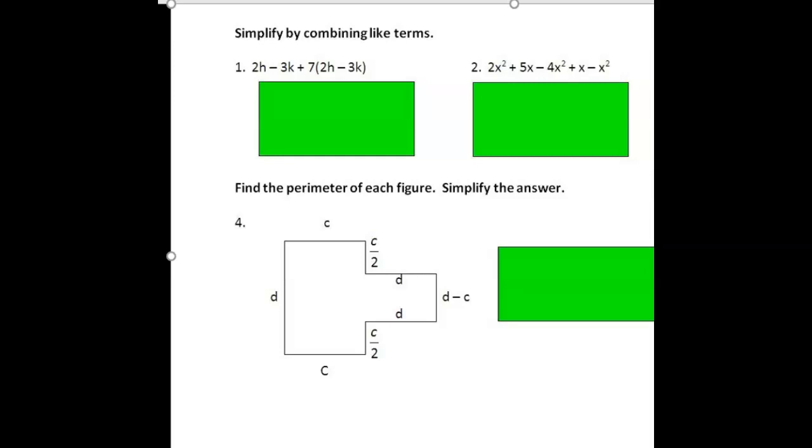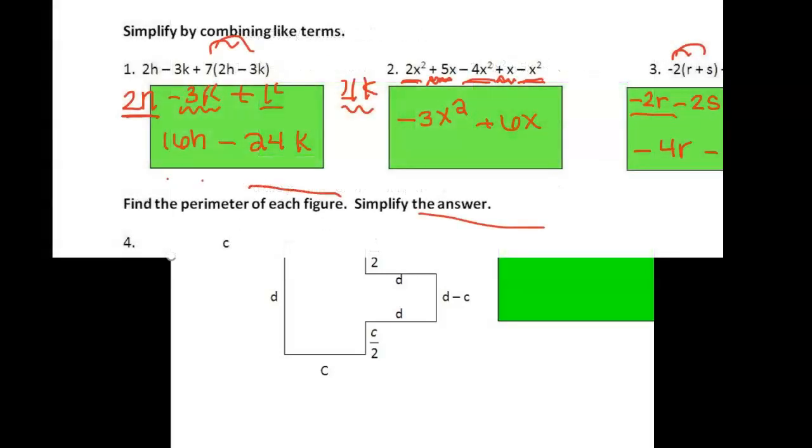So the first thing you're going to do is distribute that 7 in, so that you have 2h minus 3k plus 14h minus 21k.